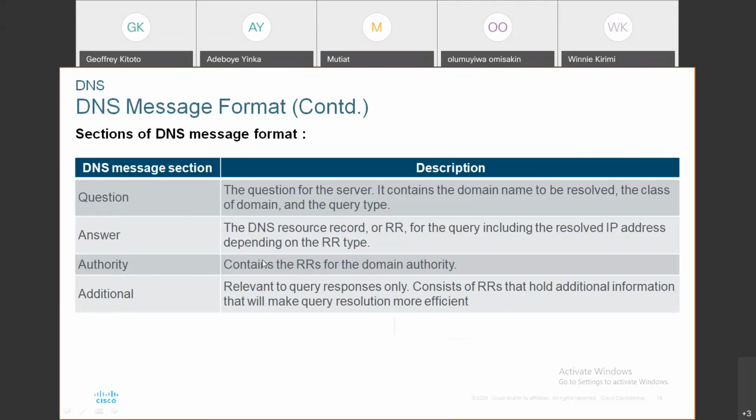The DNS resource record, or RR, for the querying, including the resolved IP address, depending on the RR type. Then authority contains the RRs for the domain authority. Additional, relevant to query responses only, consists of RRs that hold additional information that will make query resolution more efficient.